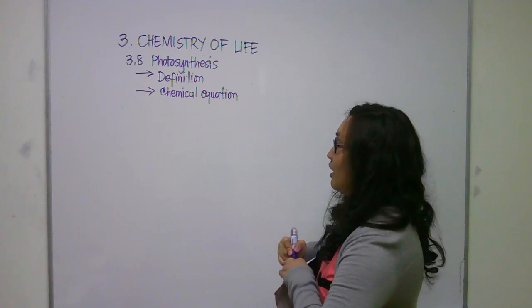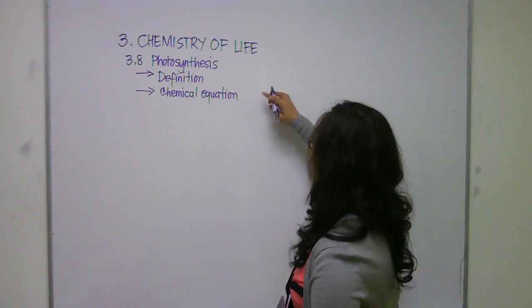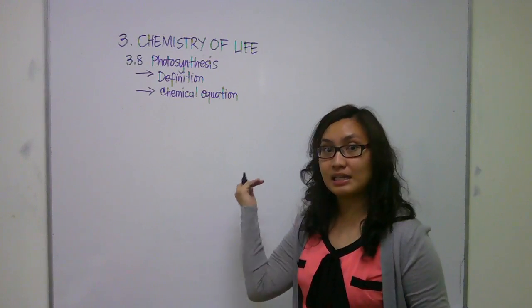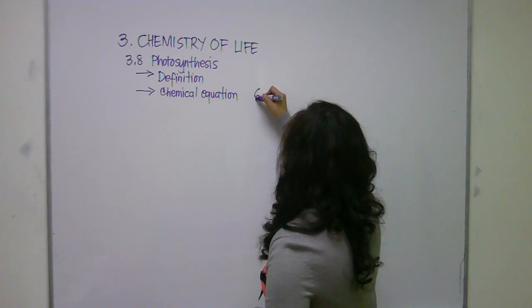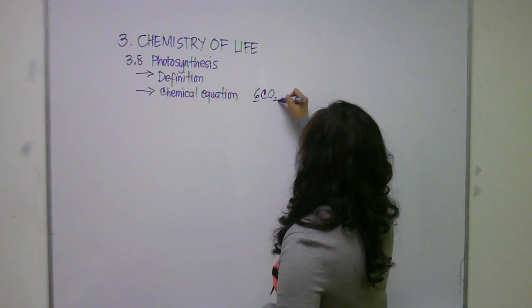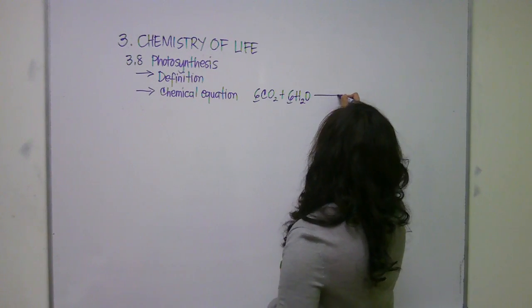So chemical equation. The chemical equation for this is actually complementary to what is present in cell respiration. So this time we use carbon dioxide and water as raw materials.